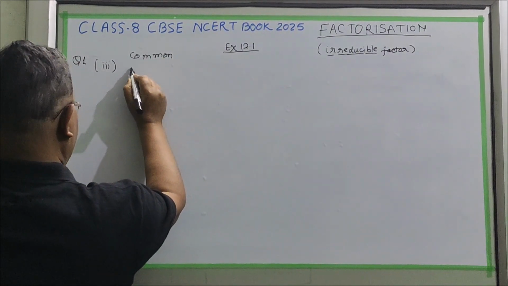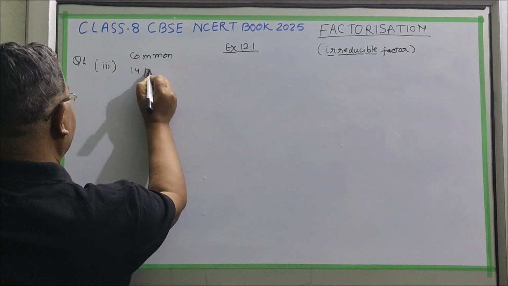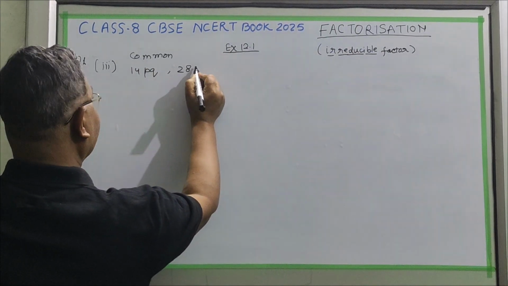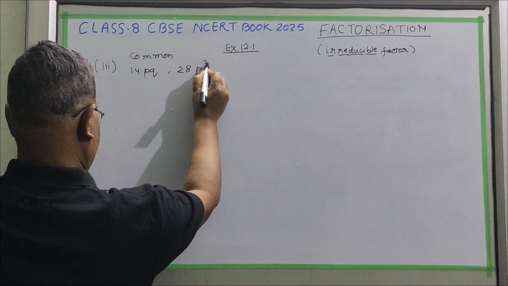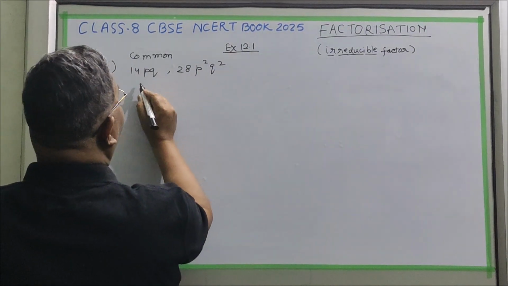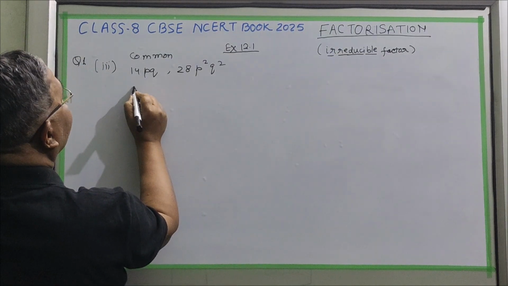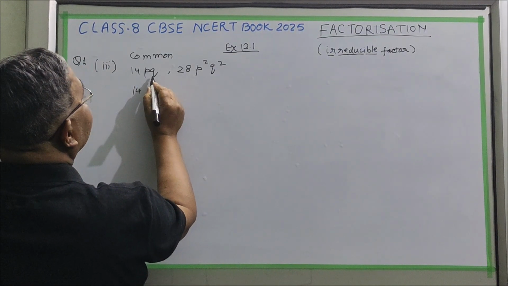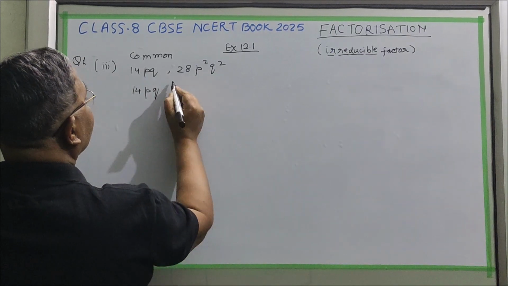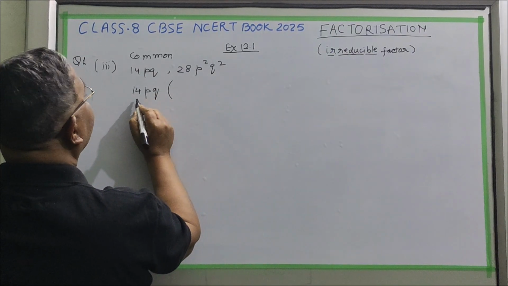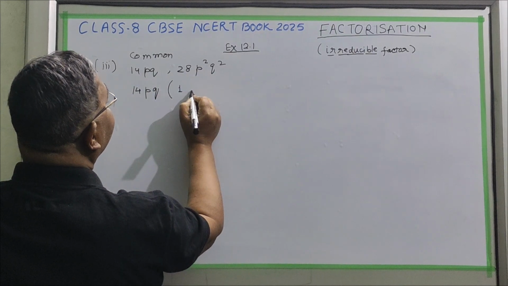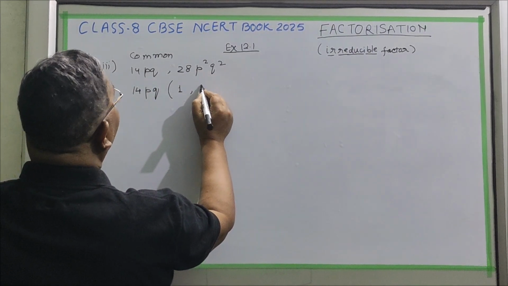Question number 1, part 4: 14PQ and 28P2Q2. Here you see the common. What is the common? Common is your 14, and PQ is also common. So 14PQ is common, so here only 1 will remain and here 2PQ will remain.